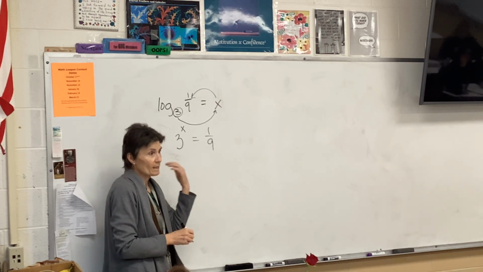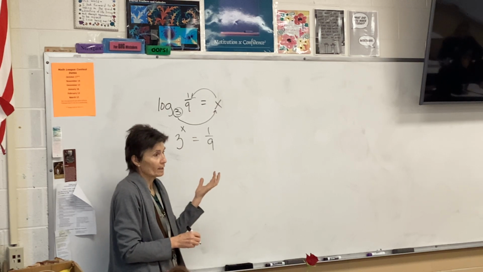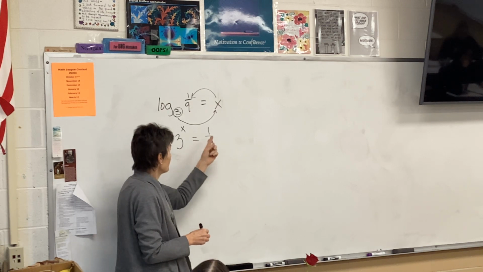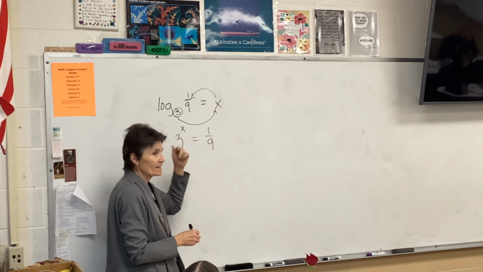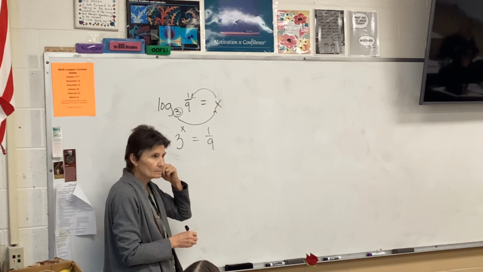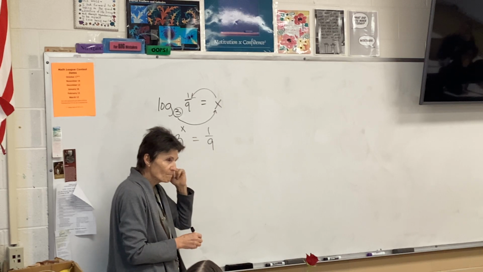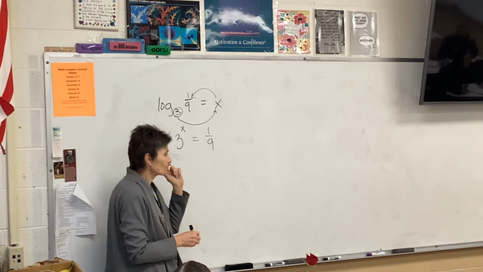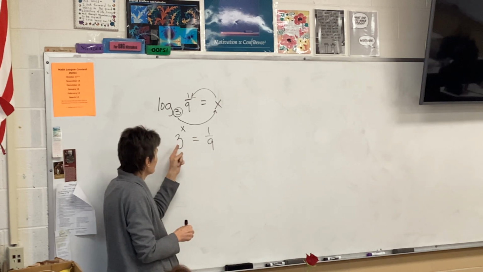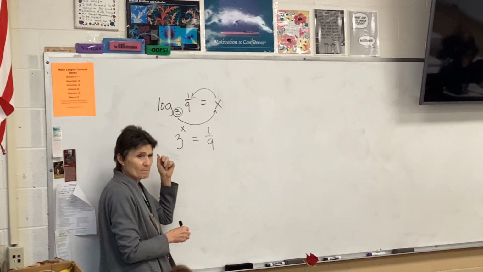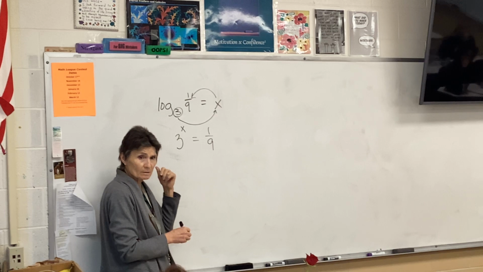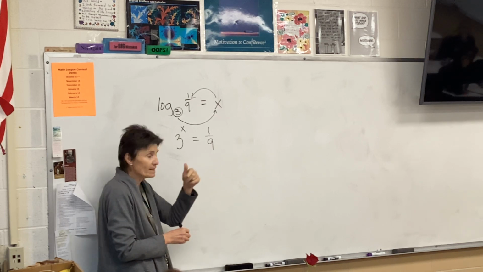Well, if you think about the quiz you just took, if this is going to be flipped, if this is going to become a fraction, then doesn't that exponent have to be negative? Isn't that how you get fractions? And if it went from 3 to 9, that has to be squared. 3 to the second is 9.